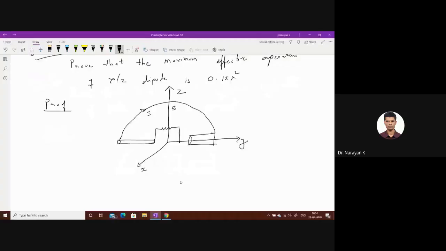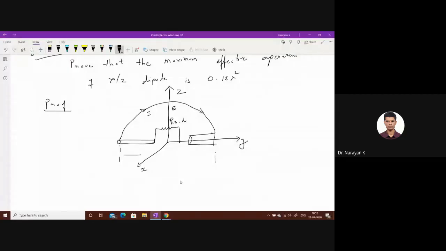Your current is I, and this is your electric field direction E, along the Z axis. This is your radiation resistance. This is the length of the antenna, L equal to lambda by 2.